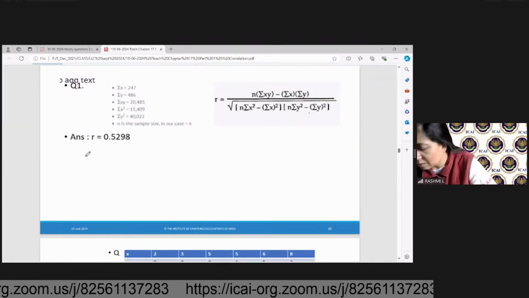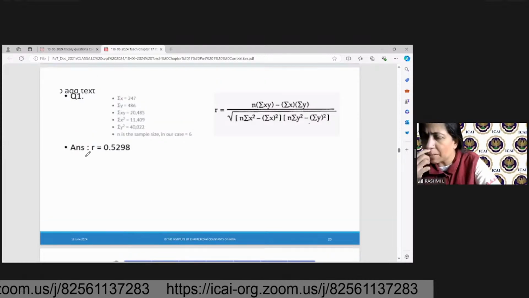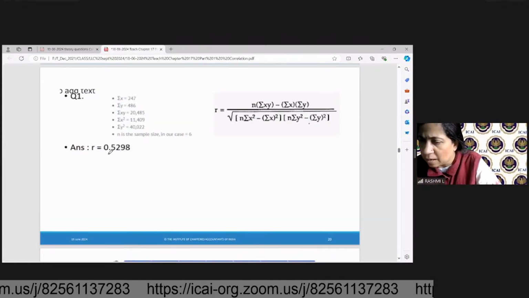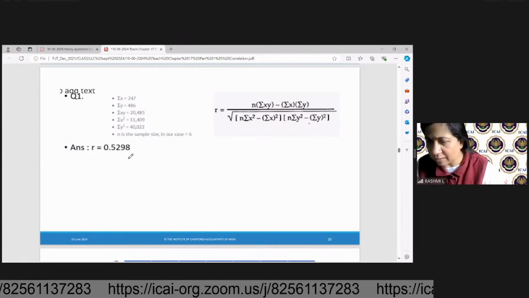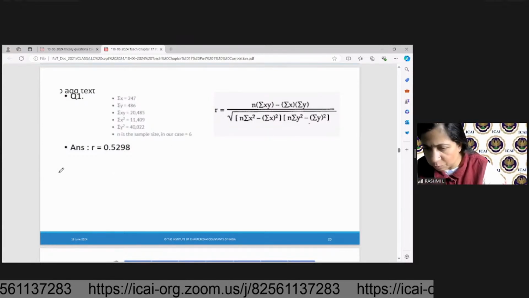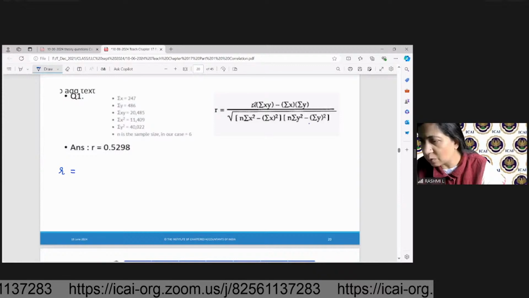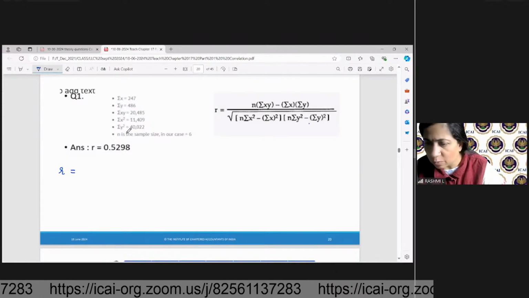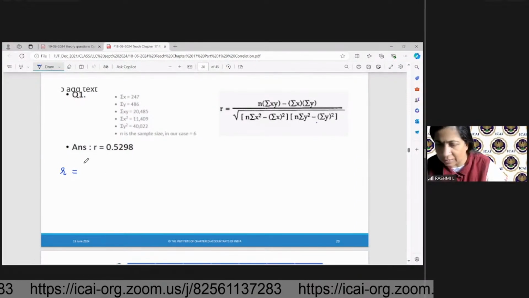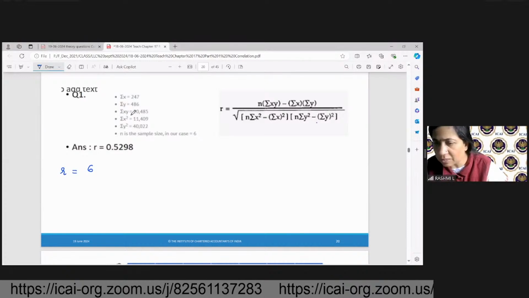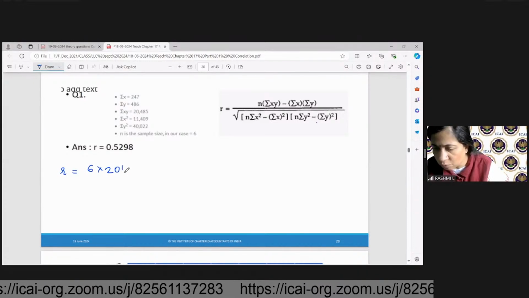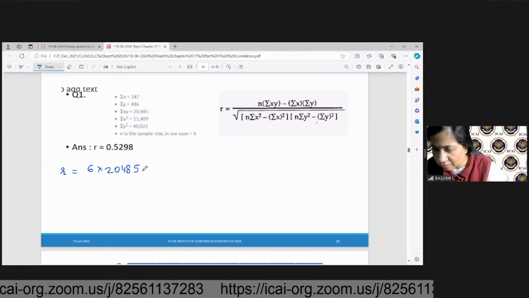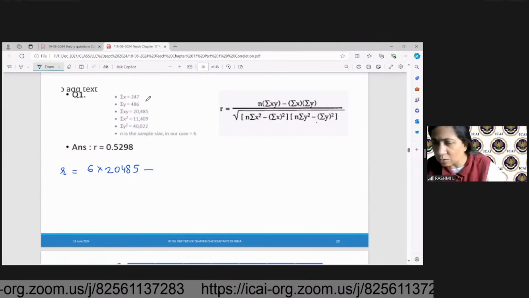So let us try to simply put this and get this answer. We will first put in values. R is equal to n summation xy. What is the value of n? N is 6. 6 summation xy, 20485, minus summation x into summation y.